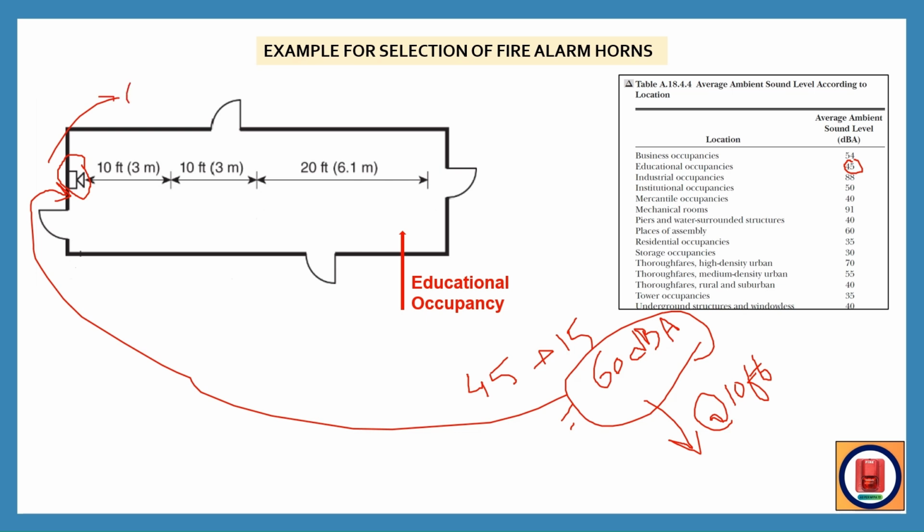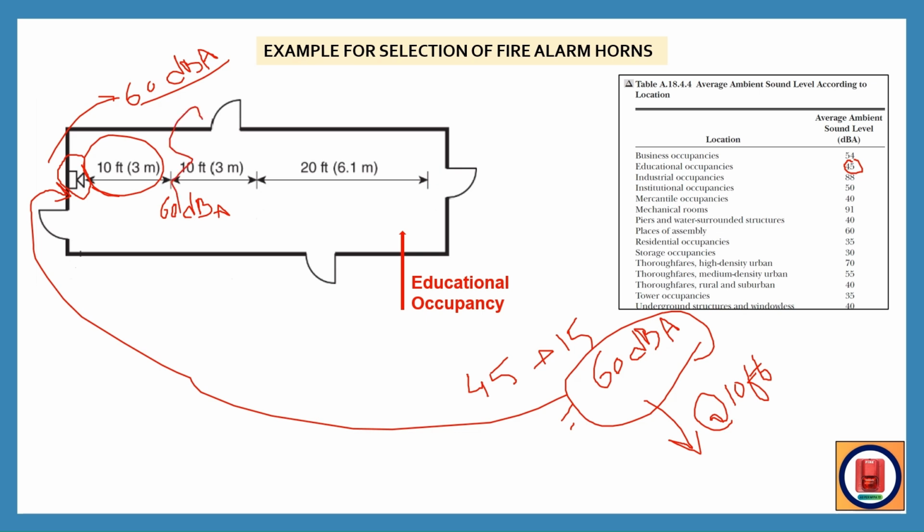So now if I consider, for example, 60 dBA horn, it means the sound level will be 60 dBA up to 10 feet only.